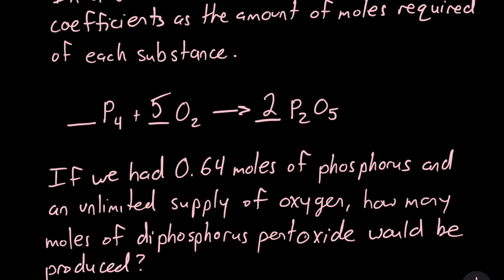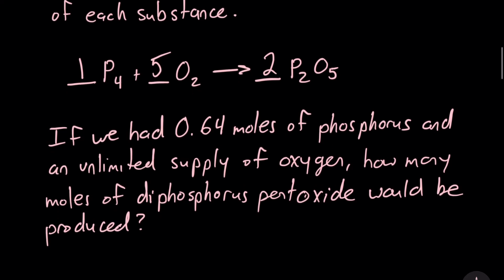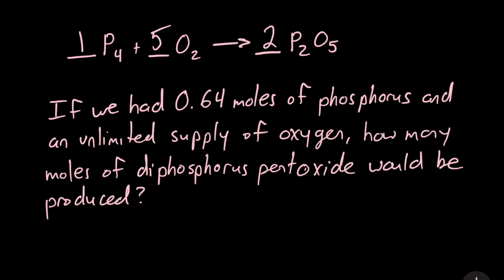We need 5 moles of oxygen gas, and we will need just 1 mole of phosphorus, and that 1:5:2 ratio should work here. So the question reads, if we had 0.64 moles of phosphorus and an unlimited supply of oxygen, how many moles of diphosphorus pentoxide would be produced?